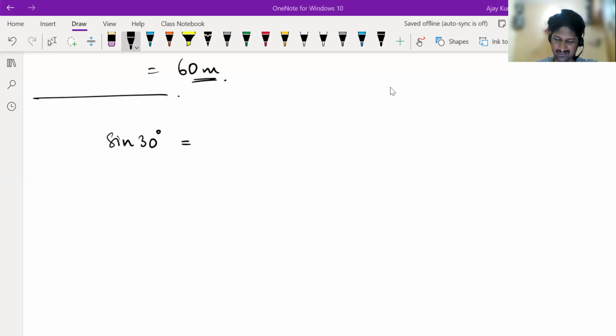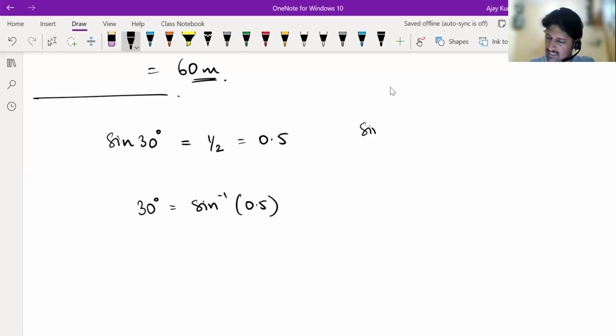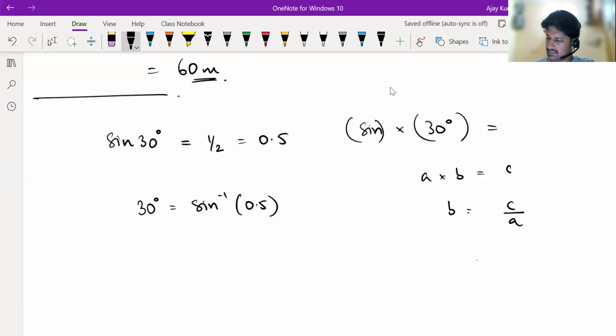Sine 30 degrees is 1 by 2, that is 0.5. So we can write 30 degrees as sine inverse of 0.5. Because sine 30 degrees is not like sine multiplied with 30 degrees. It's not like a into b. If a into b is equal to c, you could have written b is equal to c divided by a. There we write it as c into a to the power of minus 1.